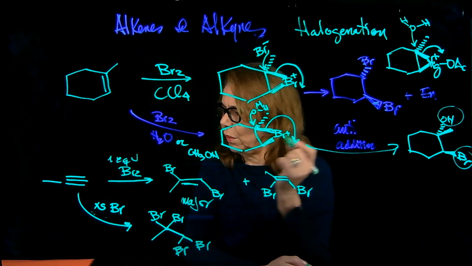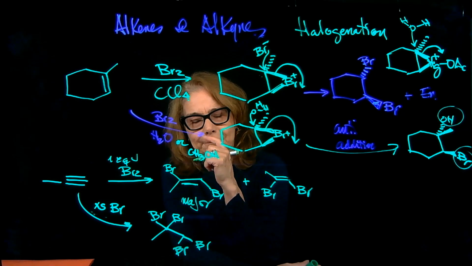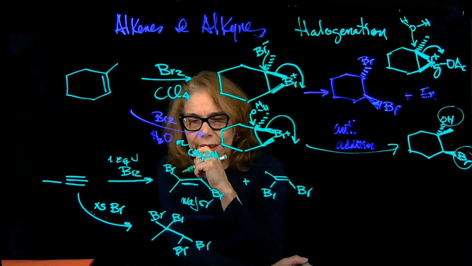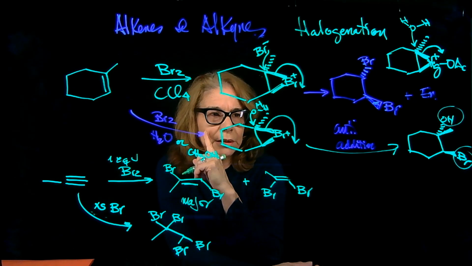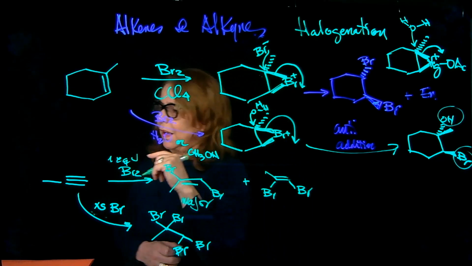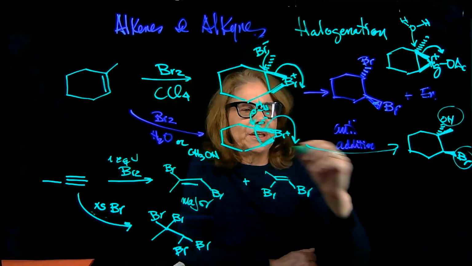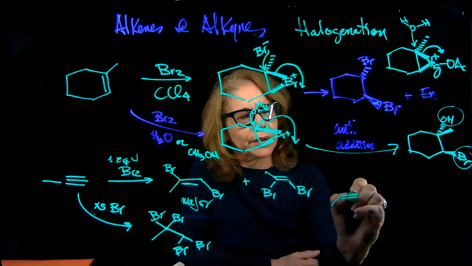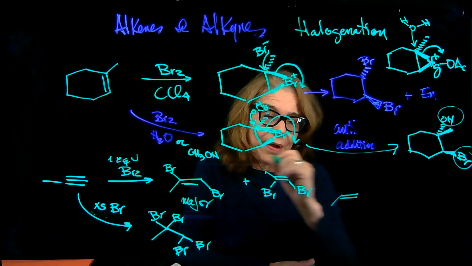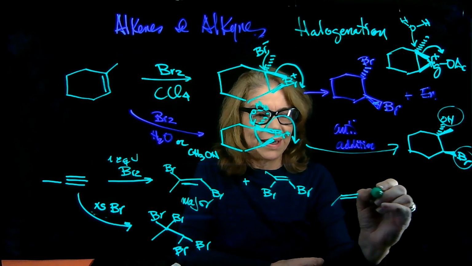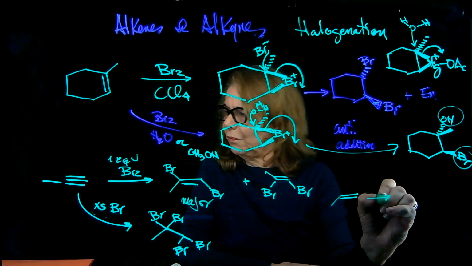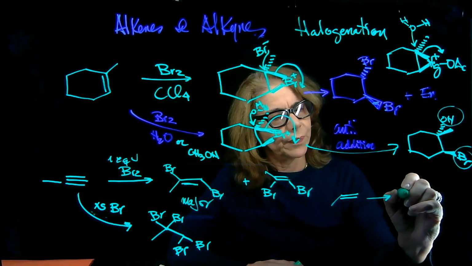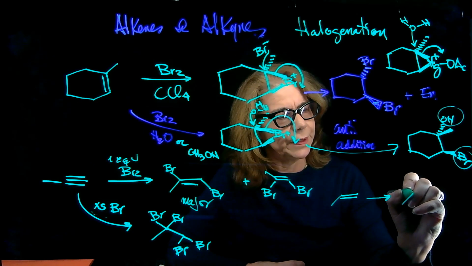Okay, so what is interesting is that when we have alkenes and we do the bromination, let me do this alkene. If I do the bromination over to that alkene, I will add two bromines here, of course.